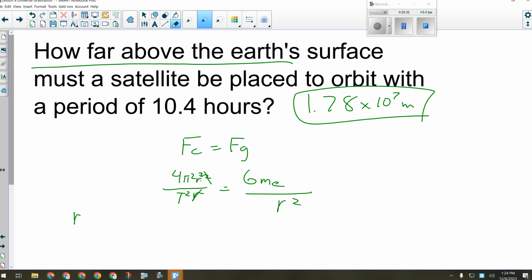Okay, so that's gone. Then I'm going to multiply both sides by T squared. It's gone. Then I'm going to divide both sides by 4 pi squared. It's gone. And then I'm going to take the cube root of that to get r.